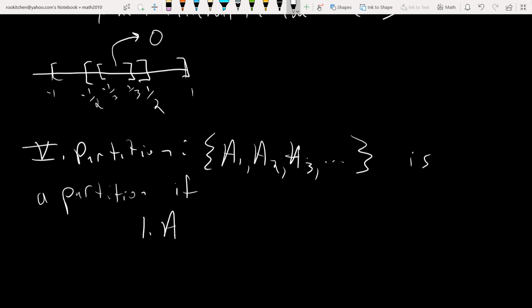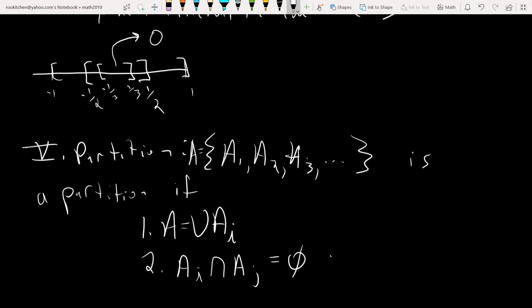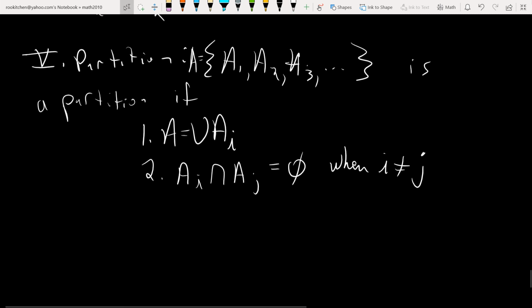First, this set of sets, I'll call it A, is the union of all of the sets inside of it. And then secondly, they're mutually disjoint sets.